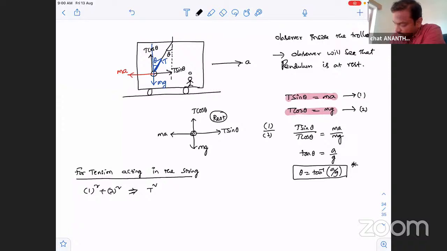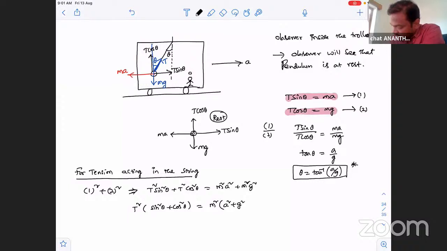Then T square sin square theta plus T square cos square theta is equal to m square a square plus m square g square. Squaring and adding the equations, what advantage do we get? Taking T square common, it is sin square theta plus cos square theta, and taking m square common, it is a square plus g square.